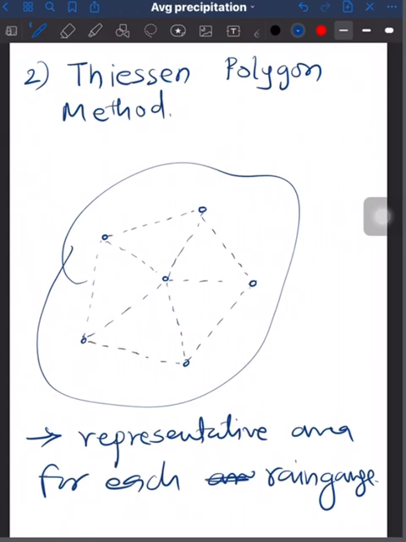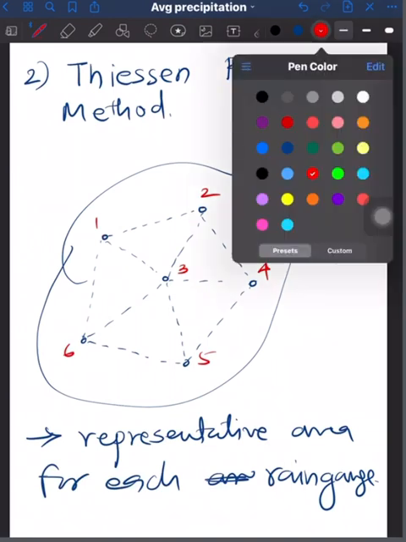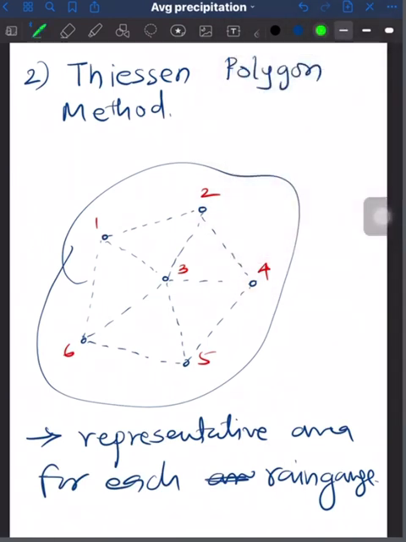So what we do is draw perpendicular bisectors from the lines joining the stations, like this 1 2 3 4 5 6 stations. On each and every line we draw these perpendicular bisectors.